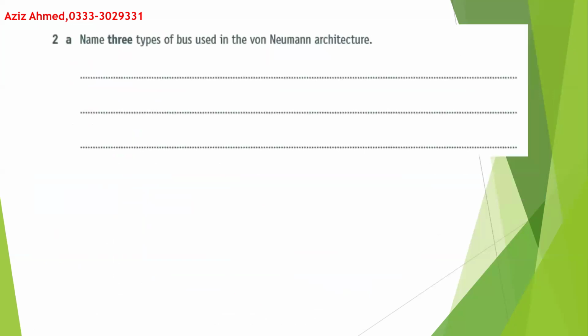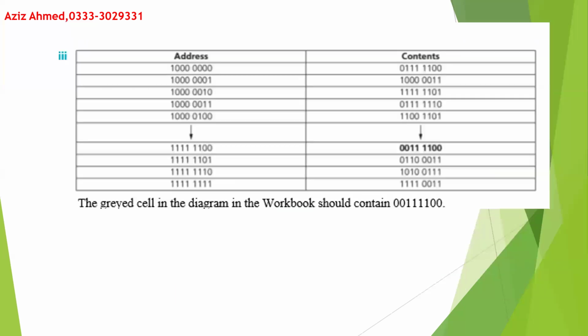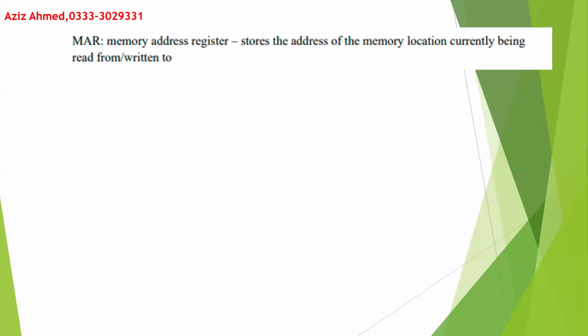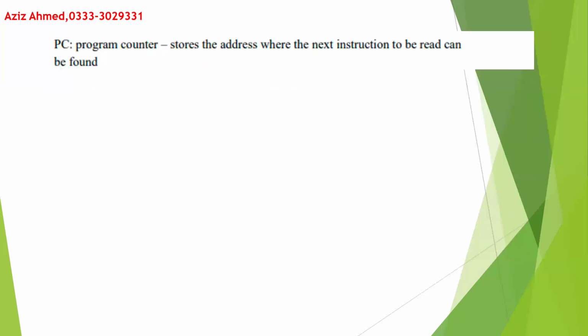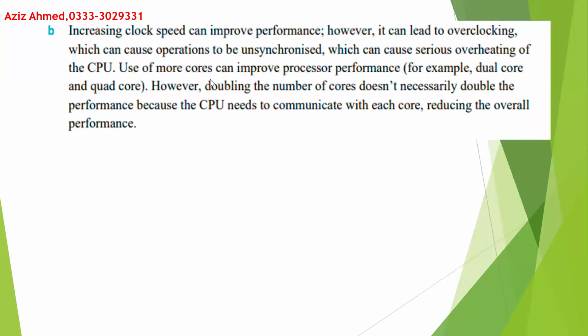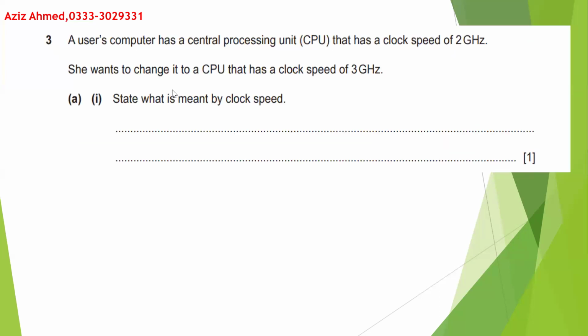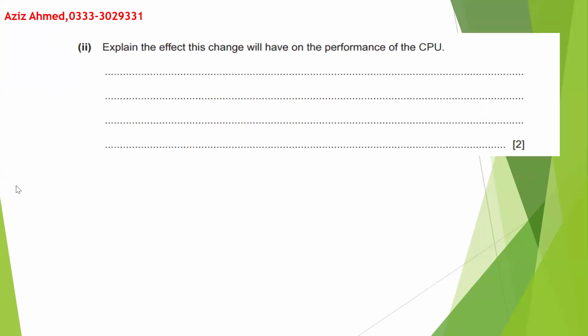Now this is a paper-based question. Here I show you further questions. Here you can see how many questions you can do with the related topic. This question came recently, November 23, maybe June 23.